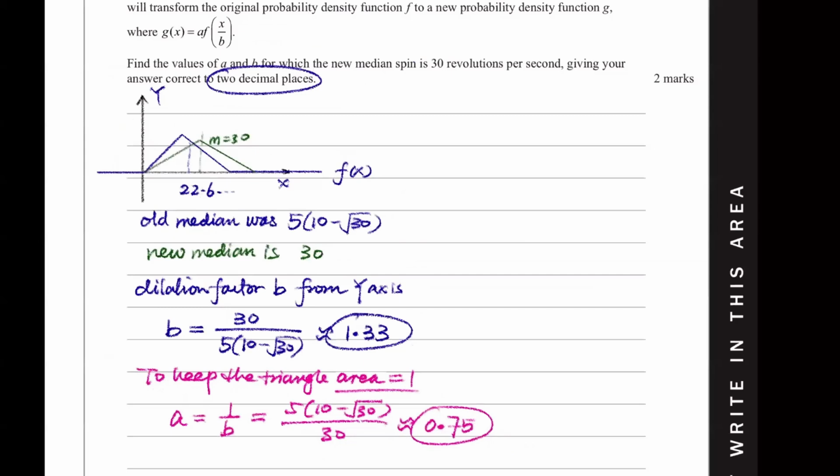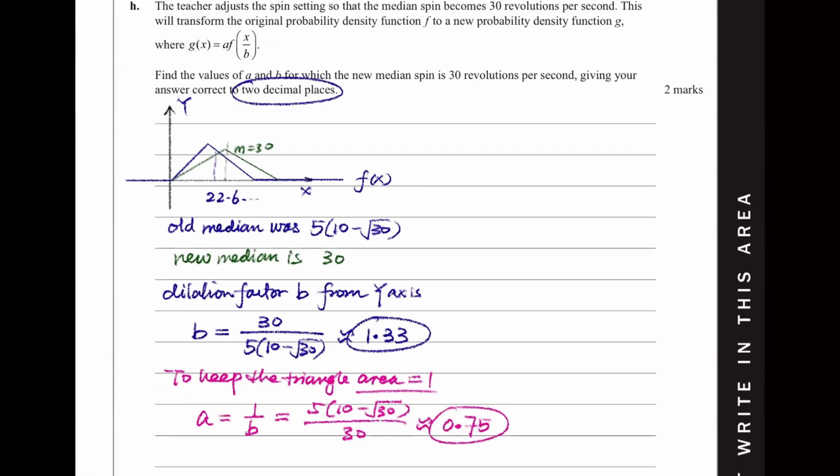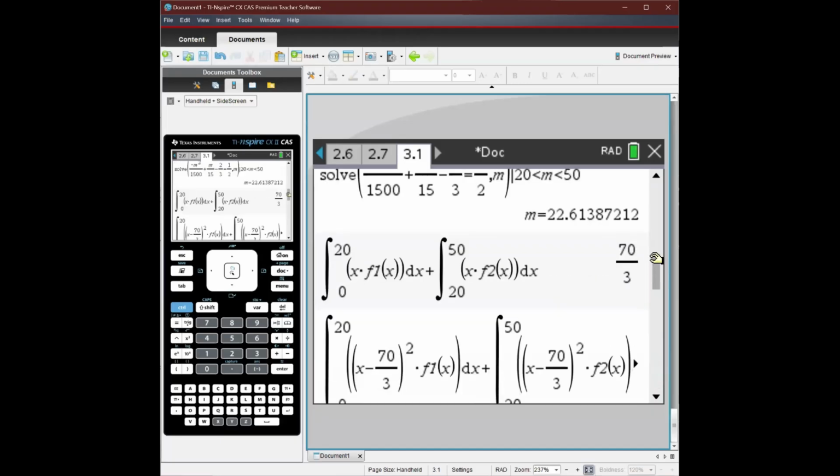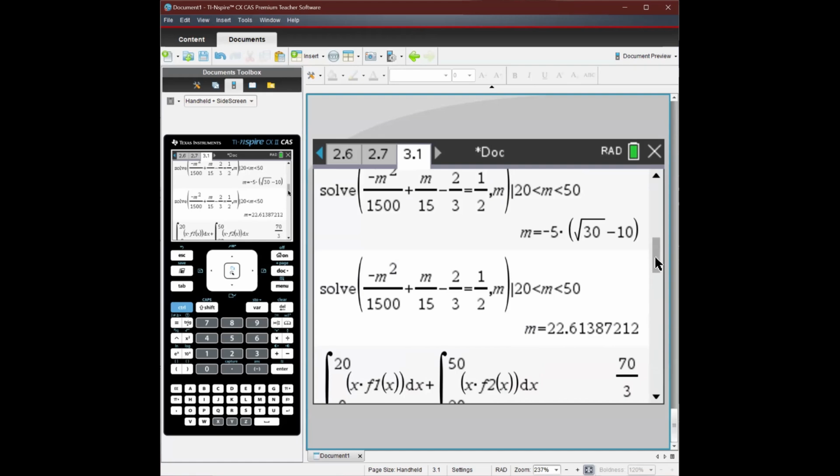So that's under the argument of dilations, but you do have the possibility to do integral equations. The integral equation method is just a longer method, okay? So what I'm going to show you is doable by CAS as long as you use the f1 and f2 separately.